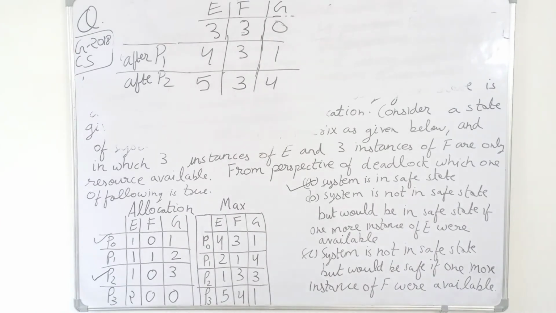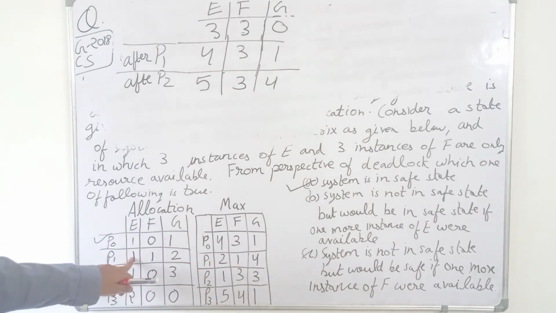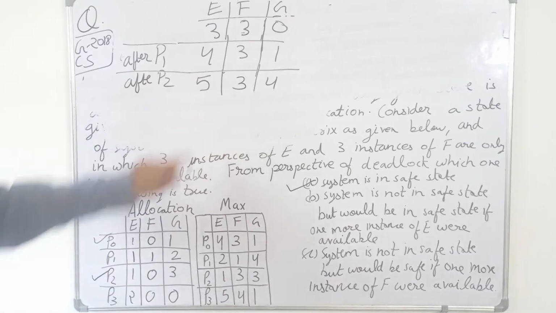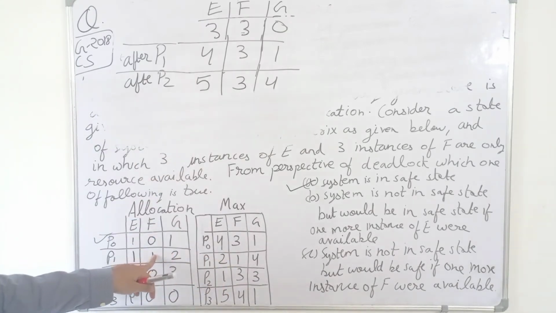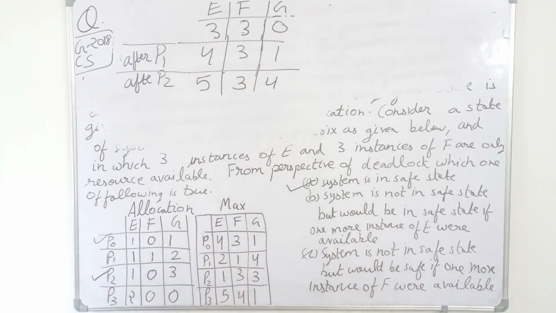So now if we see, we can satisfy P1, because P1 requires 2 of E and it has 1 of E, so we can give it 1 of E now easily. It requires 1 of F and it already has 1 of F. It requires 4 of G and it has 2 of G available, so we can give it resources and we can complete this.